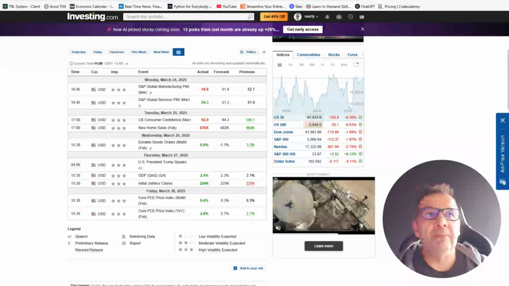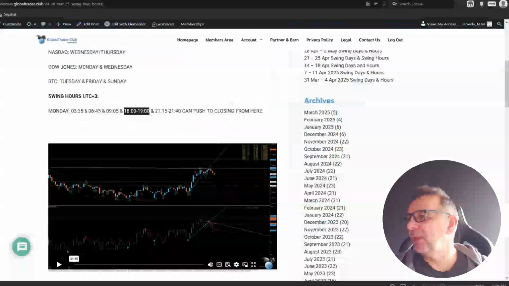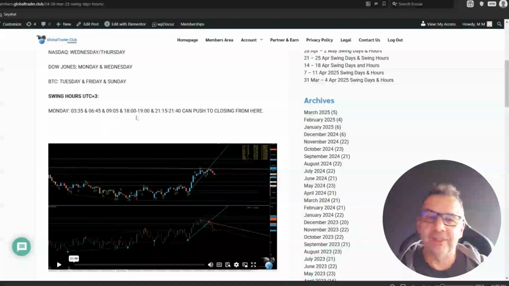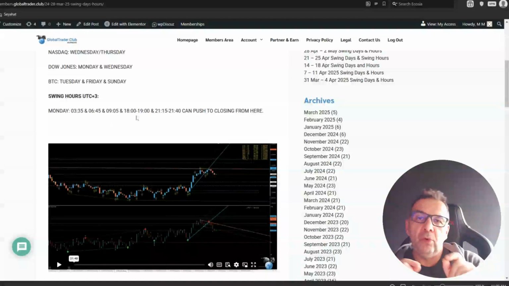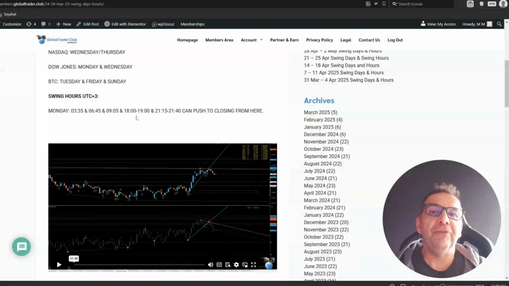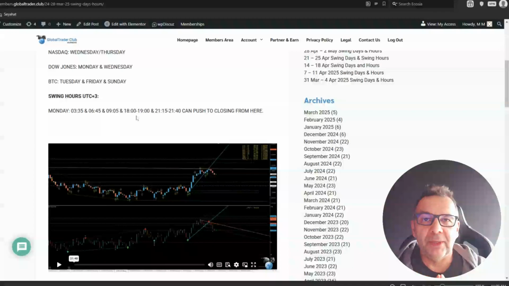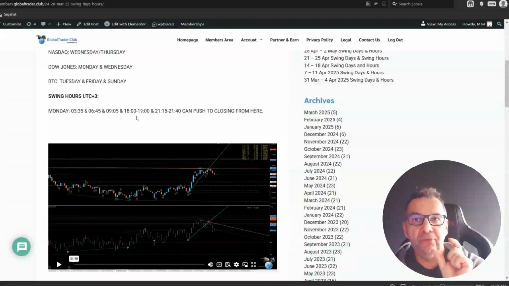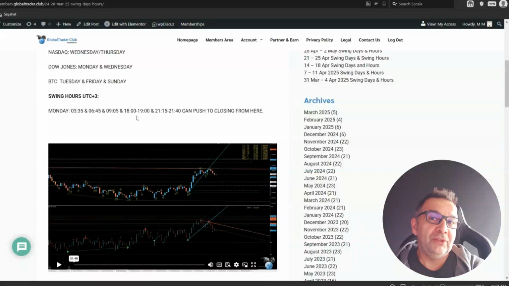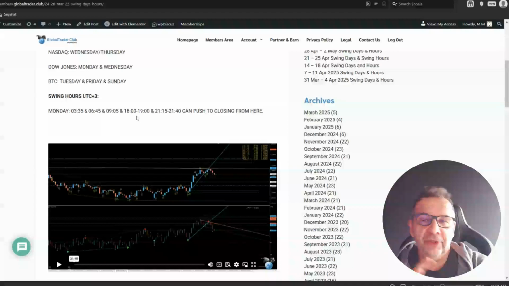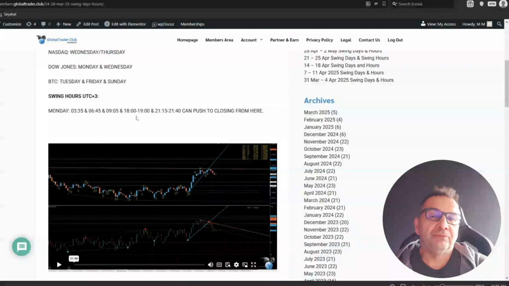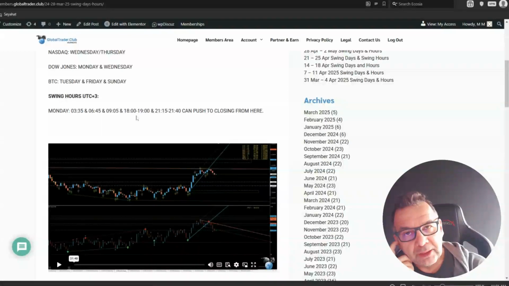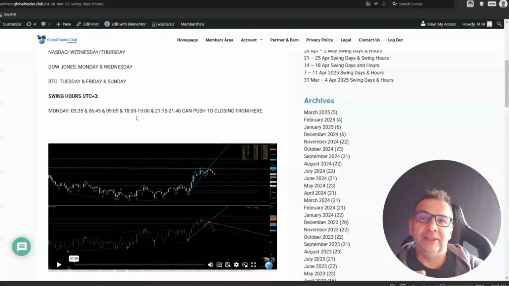Now remember, because we're using our pre-calculated swing hours, we want to see if there is a time, before or after the news. If there is a setup according to our trading hours before the news, that could be a good setup to trade the news. Okay. If I've got an hour after the news, that's also good, because according to that is probably where I'm going.